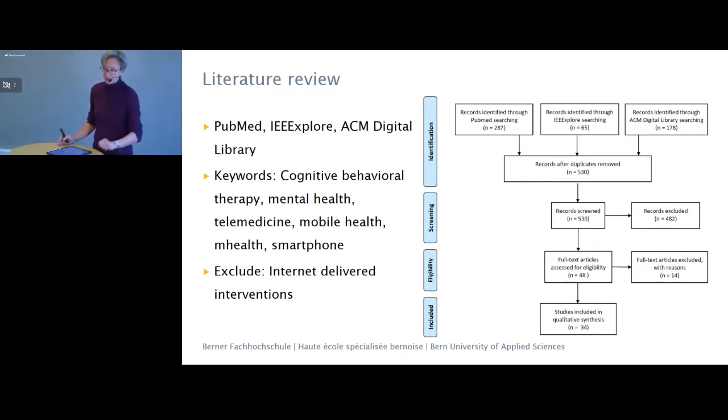So what we just heard in the presentation before, we really wanted to focus on applications that are smartphone-based. In our synthesis, we finally included 34 papers after some filtering and selecting of papers.